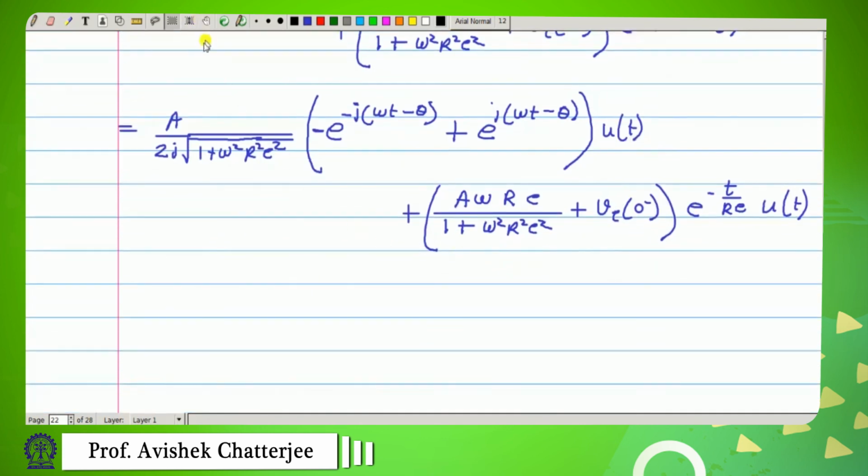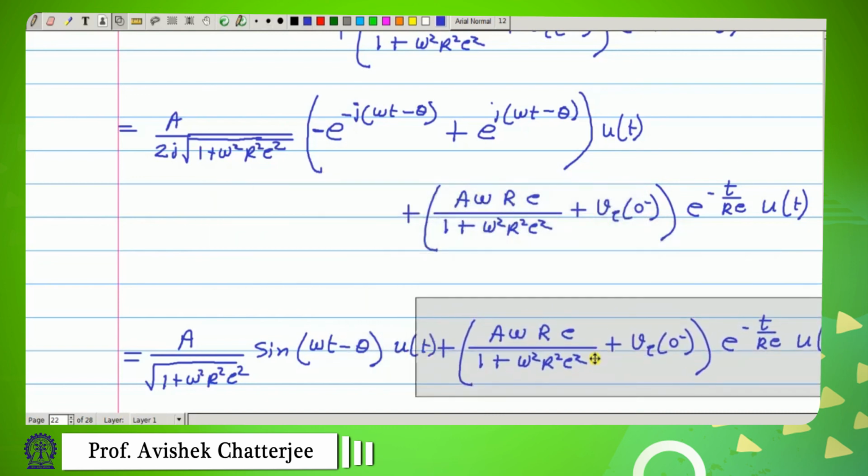Okay, then this is equal to a by root over 1 plus omega square r square c square. Okay, and then these two exponentials divided by 2j is same as sine omega t minus theta, then ut, and this term I will keep as it is.